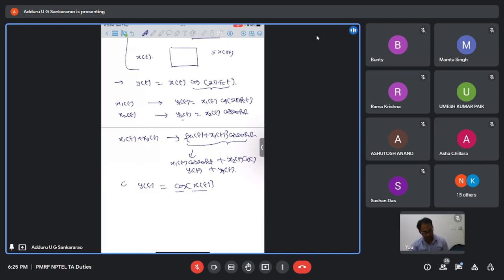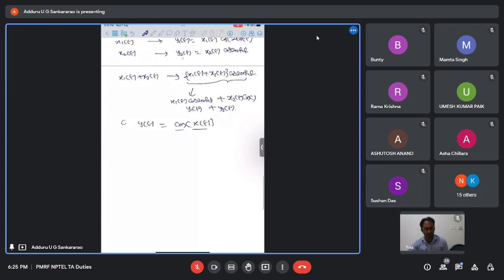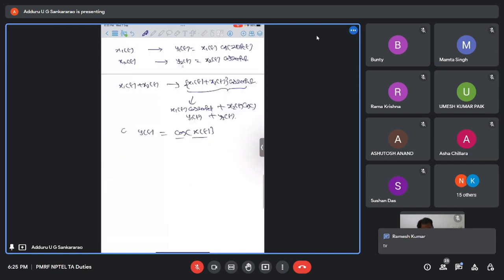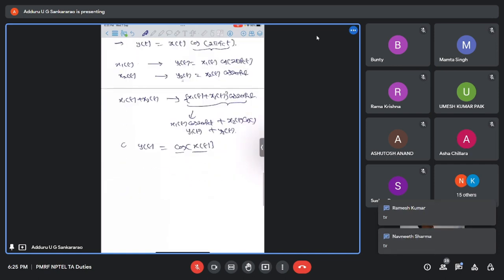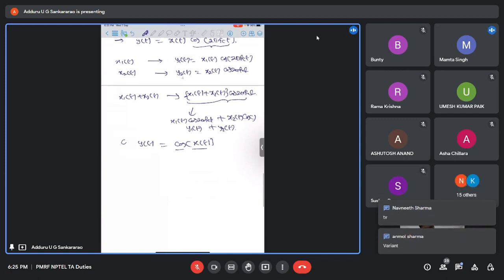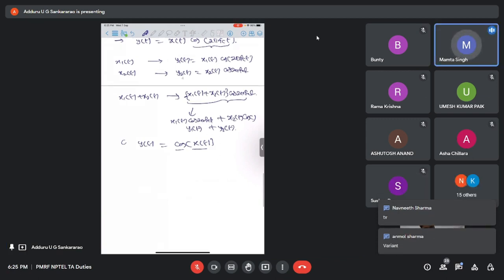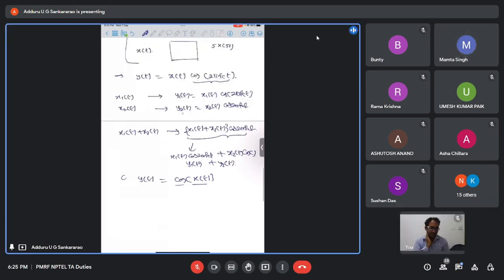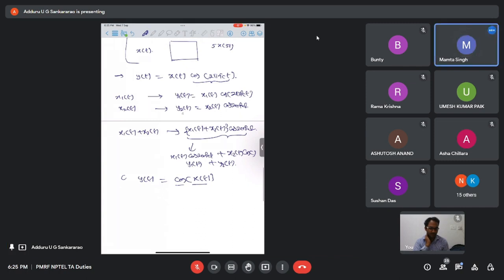Is it time invariant or time variant? Time variant, yes. Sir, should I check for the homogeneity property also? It will satisfy homogeneity anyway. We can check. It will satisfy.